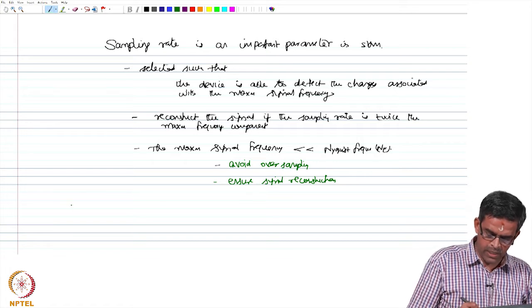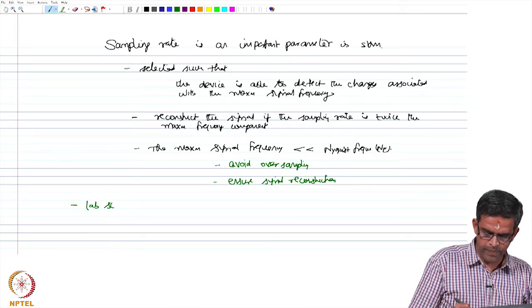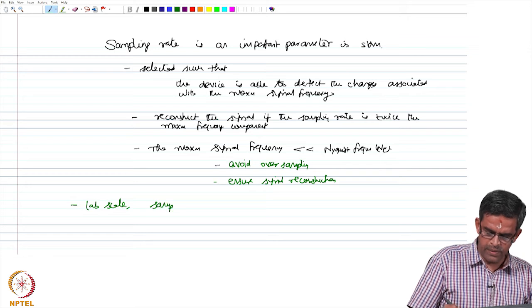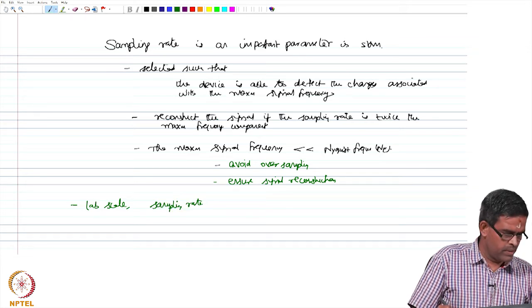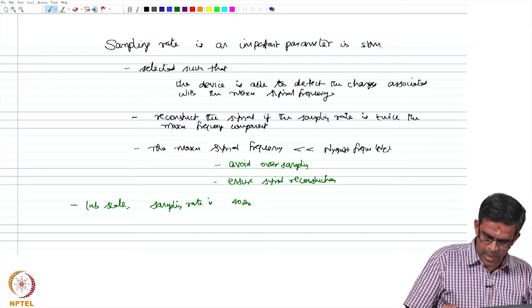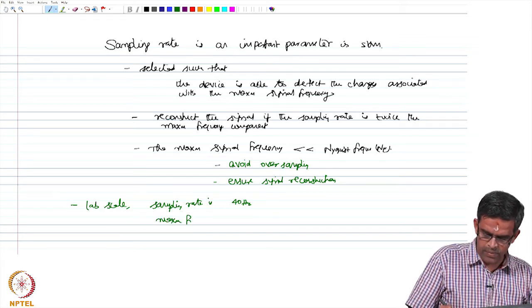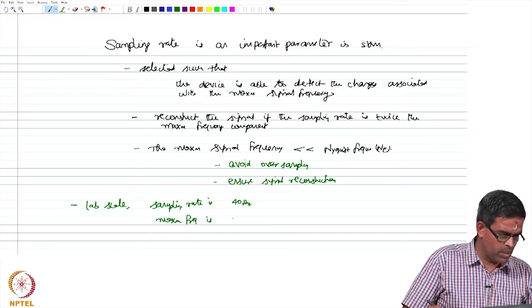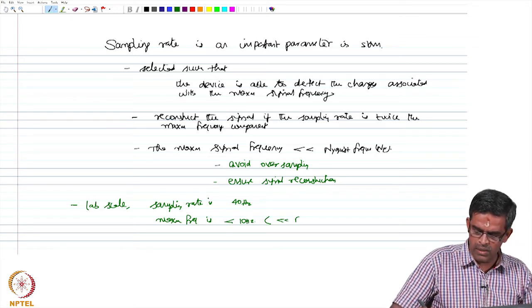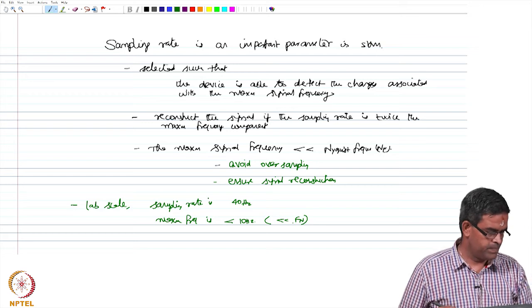So, in the present study in the lab scale, the sampling rate is taken as 40 hertz and the maximum frequency is expected to be below 10 hertz, which is much lower than the Nyquist frequency.